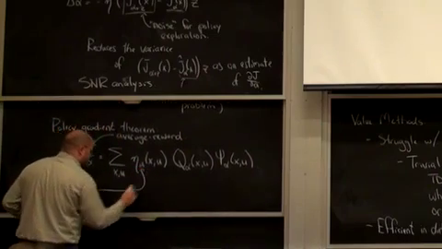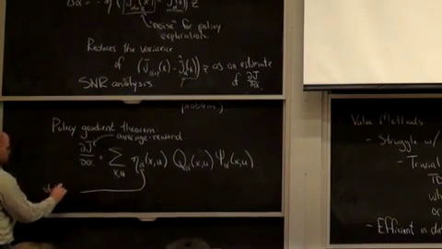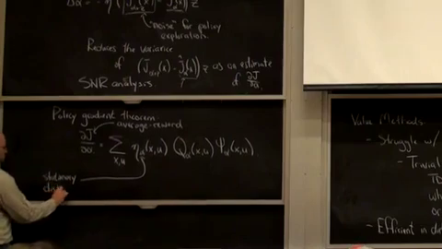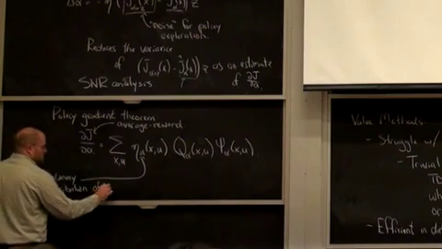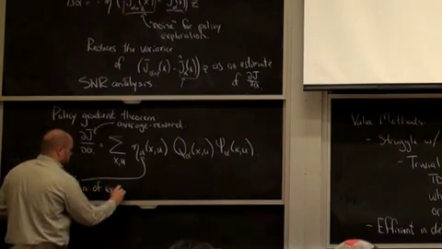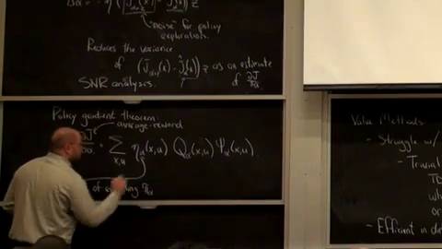This guy is the stationary distribution of the state action of executing pi of alpha.